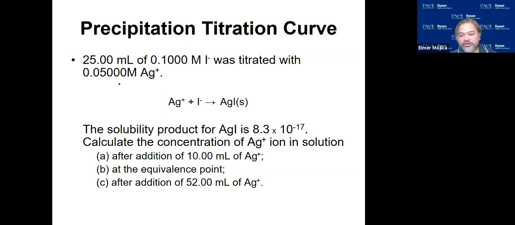So if you're going to solve this problem, the first thing for you to do is get the equivalence point. How do you do that? This is the stuff that you learn from Gen Chem.